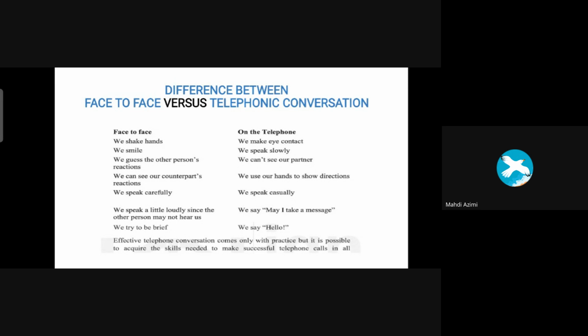Please note down this point: we should be very, very polite and very friendly while speaking to someone on the telephone. Apart from that, the expressions we use and the tone of the voice play a very important role, and create an impression over the telephone.